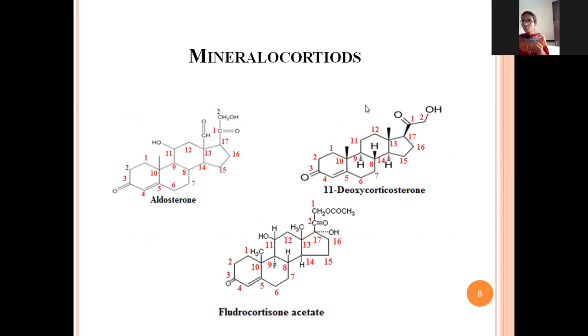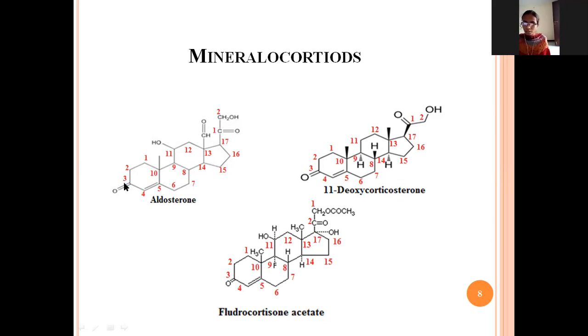Next, let's see what the mineralocorticoids are. The first one is aldosterone. Here 1, 2, 3. We are seeing a six-membered structure, that is the phenanthrene, 1, 2, 3, three six-membered rings. The structure name is phenanthrene, and here one five-membered ring is there. That is cyclopentane. So phenanthrene, cyclopentane.